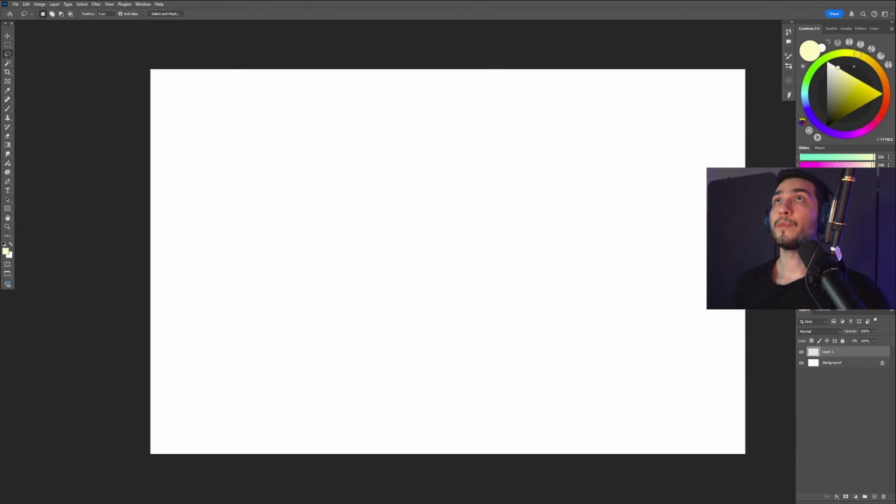Let me just find a random object real quick, and then I'll give you an idea of how to approach a pot. Get a cool looking pot. Ooh, this is fun.